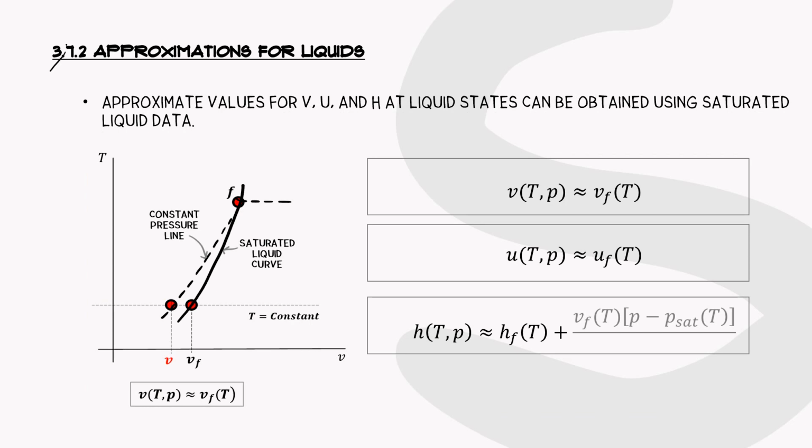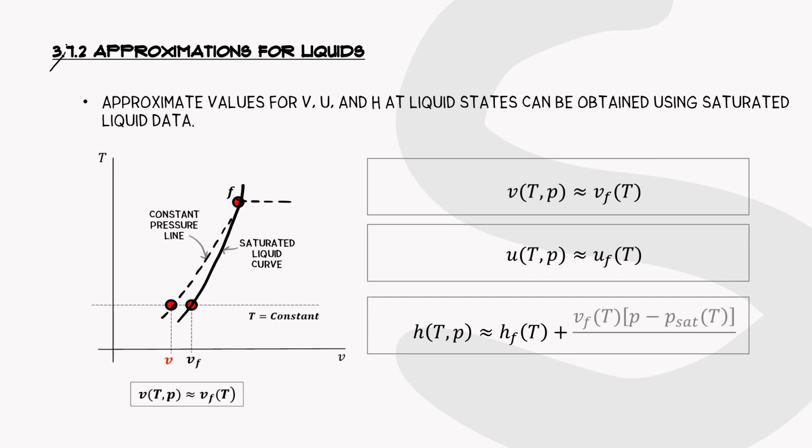Okay, and the next one is the approximations for liquids. Although we have seen already that for B.1.4, I think, we have data for the compressed liquids for water only, for other substances like the refrigerants, we only have saturated mixture and superheated vapor.